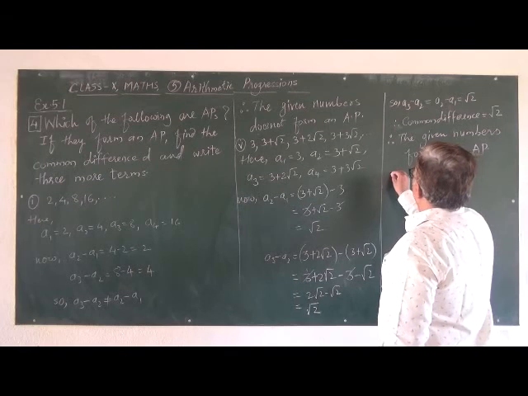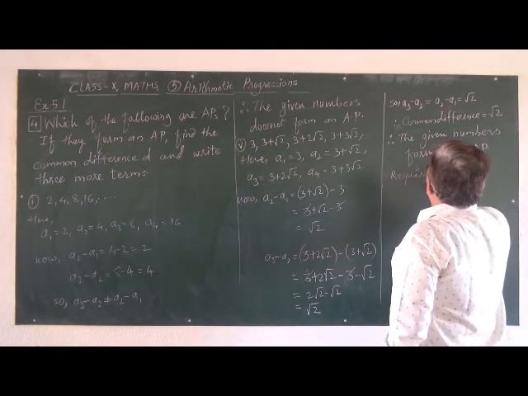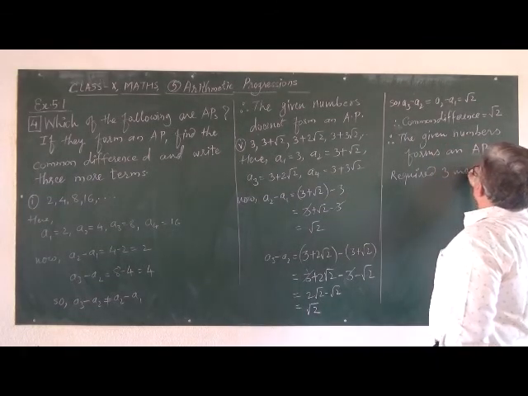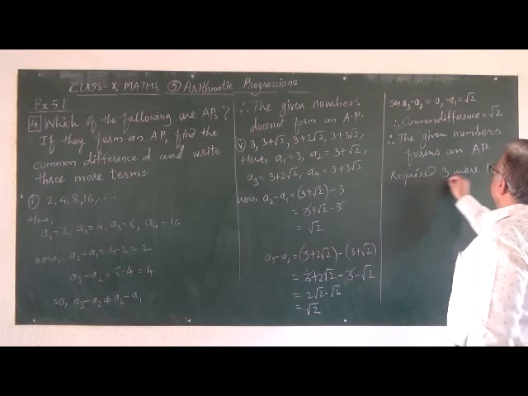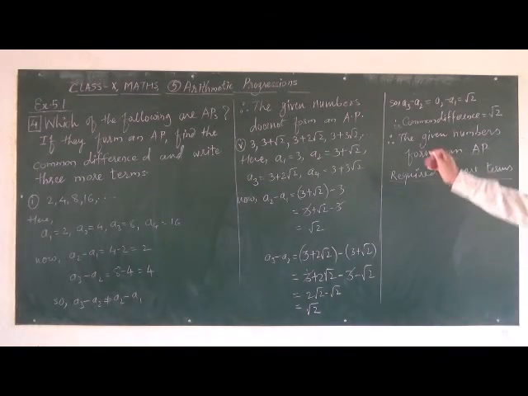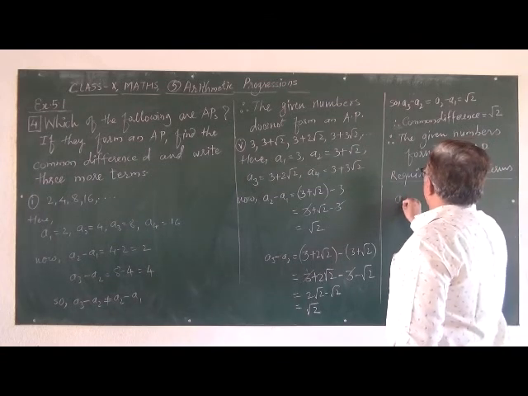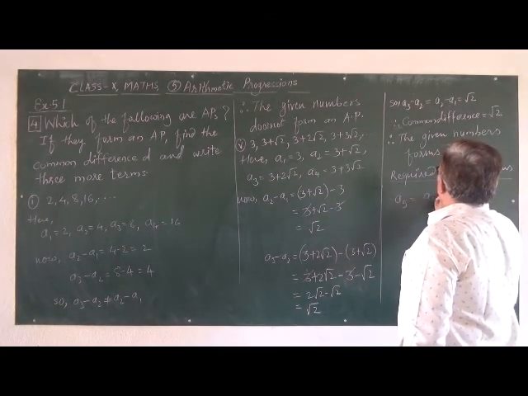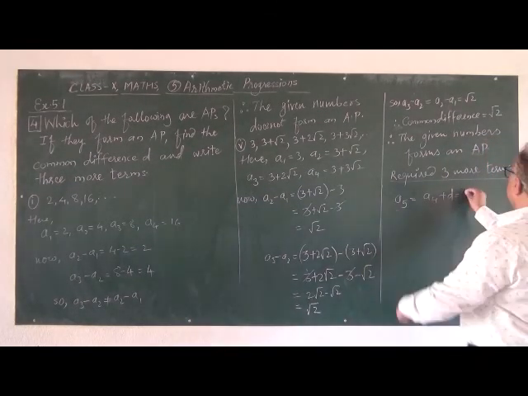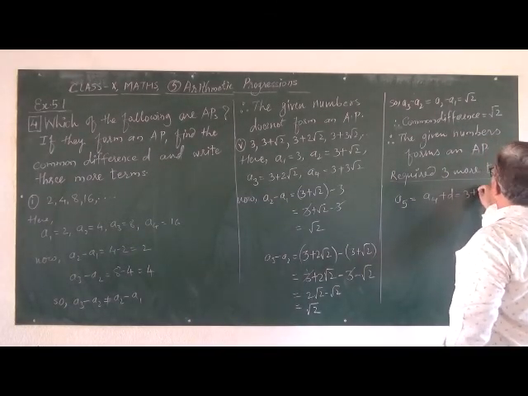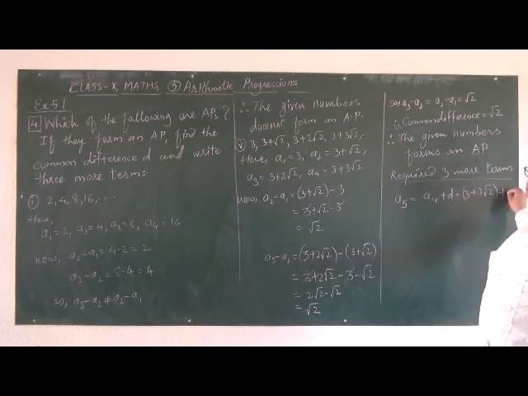So now we require 3 more terms. How will we calculate? Up to A4 they have given, so you have to calculate A5. So A5 is equal to A4 plus D. What is A4? A4 is 3 plus 3 root 2, plus D. D is root 2.